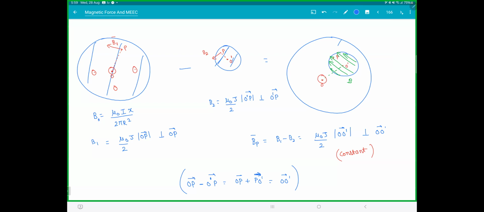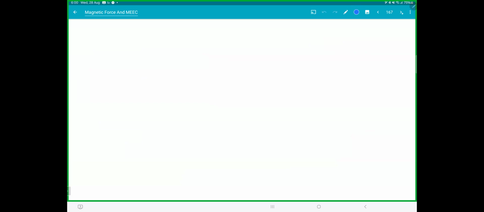Then infinite current sheet. This we already derived with the integration, but we will see how we can use Ampere's law to find it. So if you have an infinite current sheet, let's say current is flowing like this.